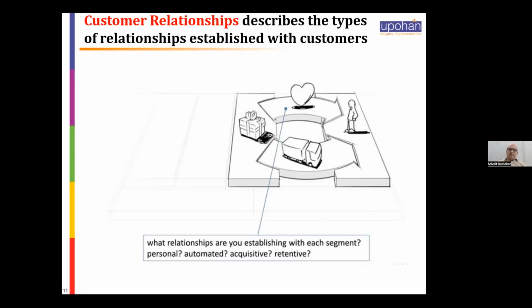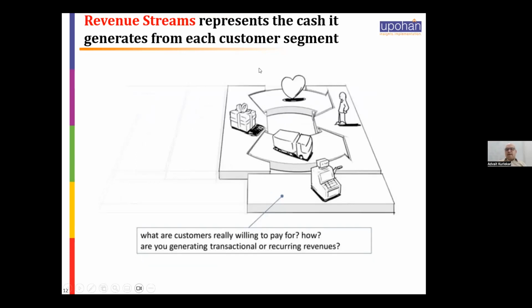Now the question is, great, you have these 4 things out of 9 that we talked about sorted out in your mind. Can you do this without thinking in terms of how you will start being a business from a startup?